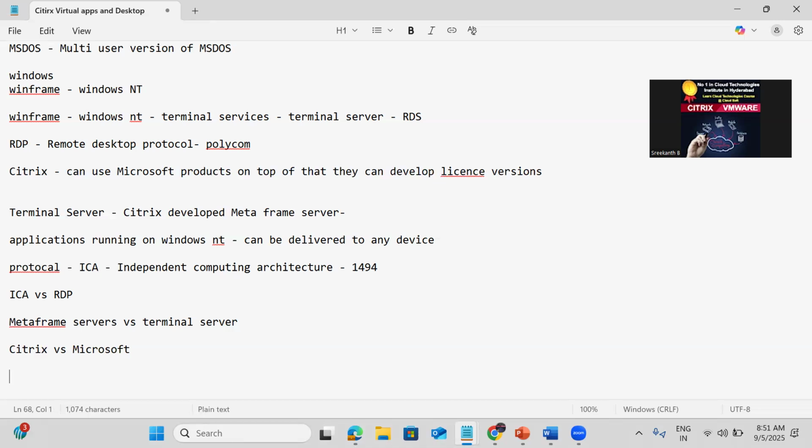ICA stands for Independent Computing Architecture, which is a presentation layer protocol. In the ISO OSI model, in total we have 7 layers, and this belongs to the presentation layer.